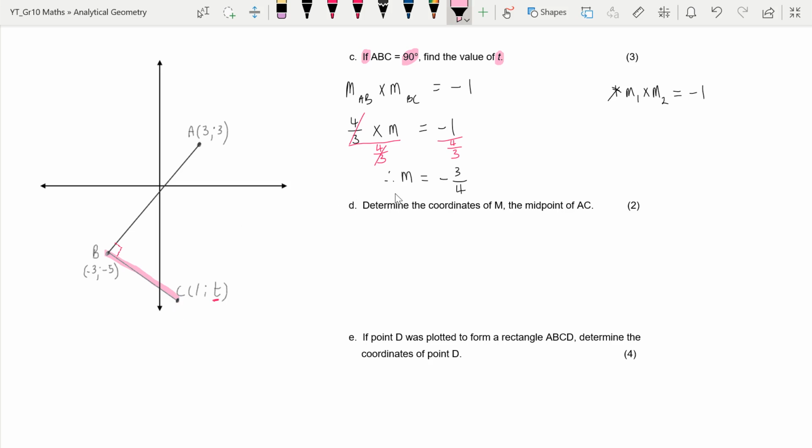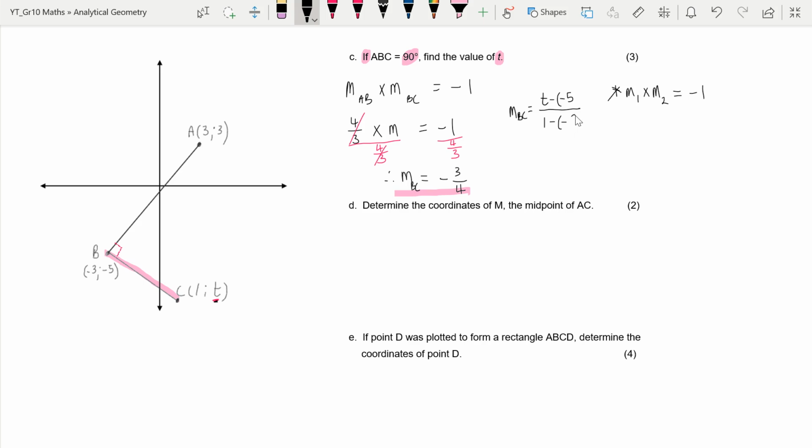So now we've got the gradient of this line BC, but that's not what they wanted from us. So it's not like we are done. How can we use that information to actually find that missing coordinate of t? Well, now that we've got the information of BC, we know that the gradient of BC is also equal to the change in y over the change in x.